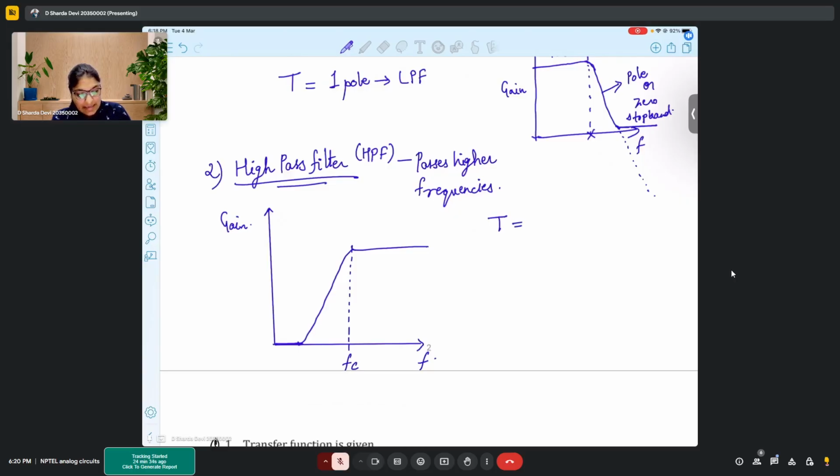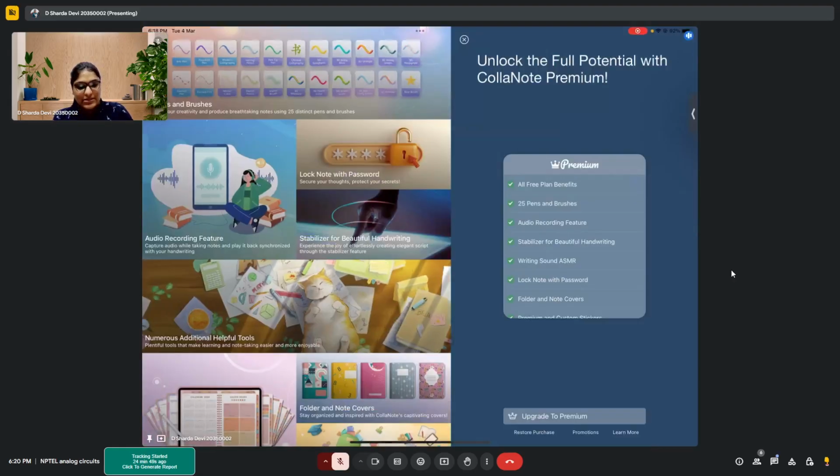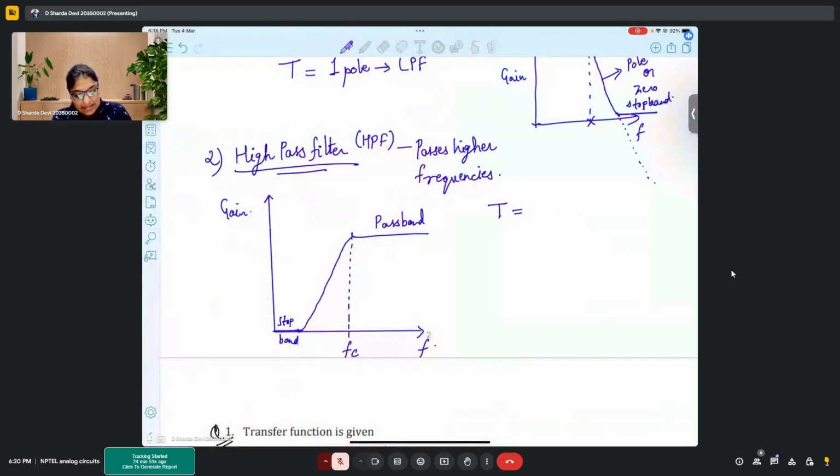Let's say we are starting at a certain level. This is again my stop band. This is my pass band. So I have a stop band. It had some constant gain, right? And then say here my gain starts increasing. So I would definitely need one zero since my gain is increasing. And now at FC, I have to make my gain constant.